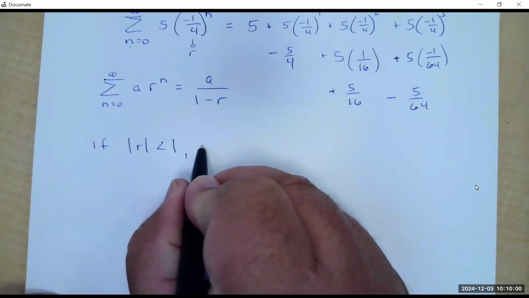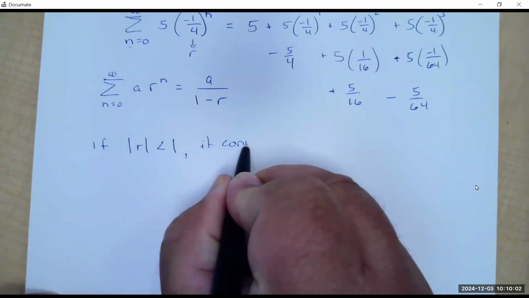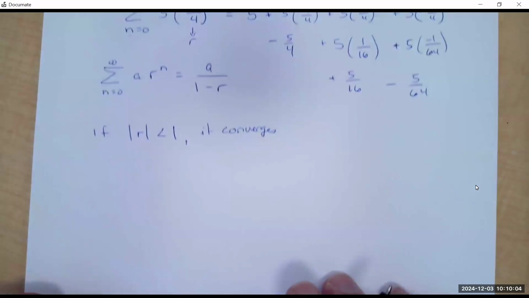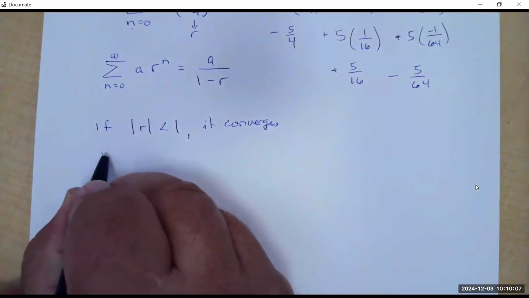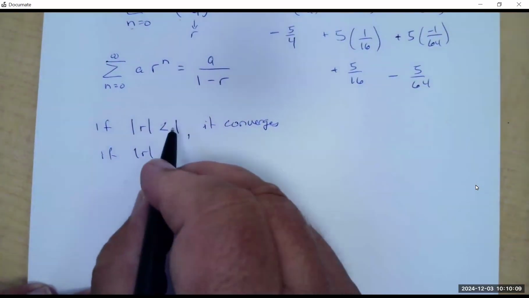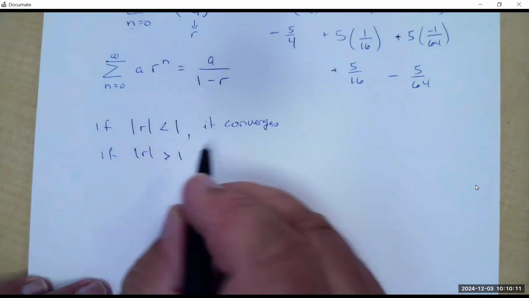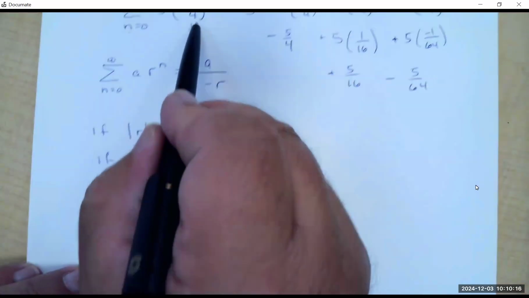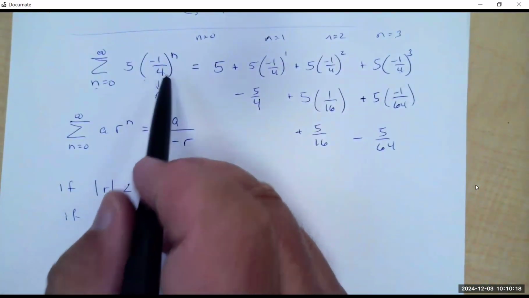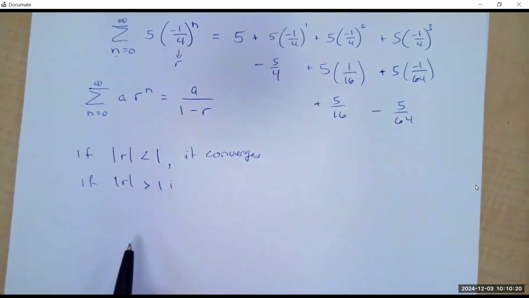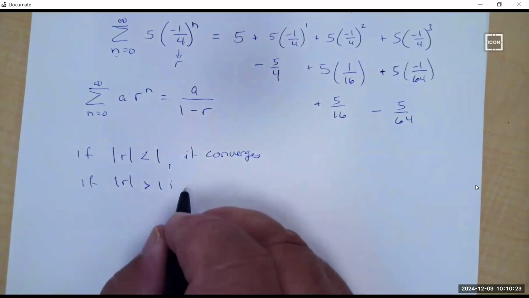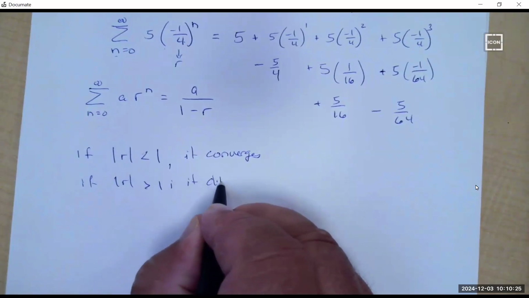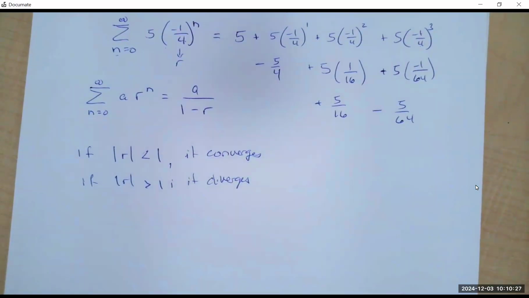You can answer 0, so it converges. If the absolute value of r is greater than 1, what happens? In other words, a proper fraction is less than 1. An improper fraction is greater than 1. What happens to the function there? Because it's greater than 1, it keeps getting bigger and bigger, so it diverges.